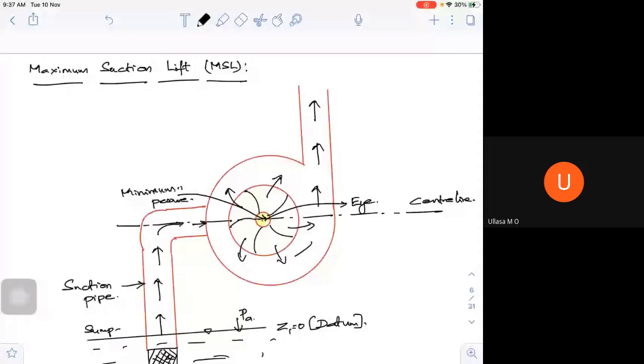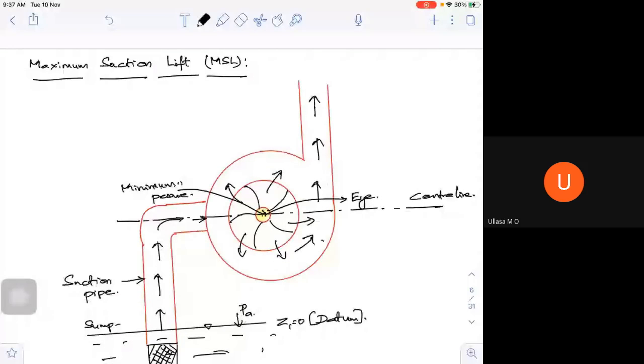So this is my delivery pipe, and if you want, I can have a delivery valve here and a pressure gauge. A simple construction.